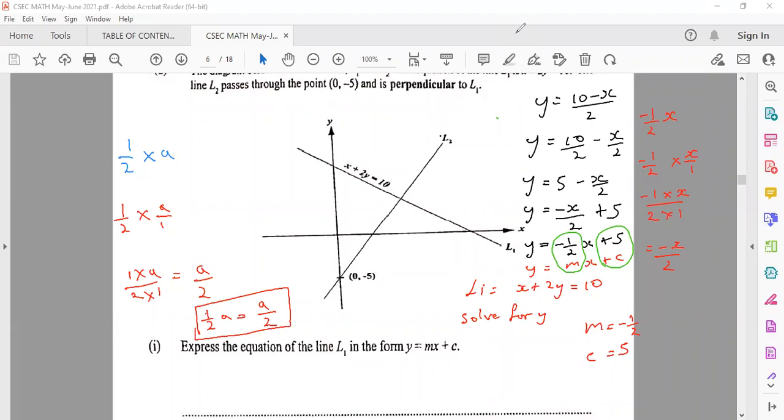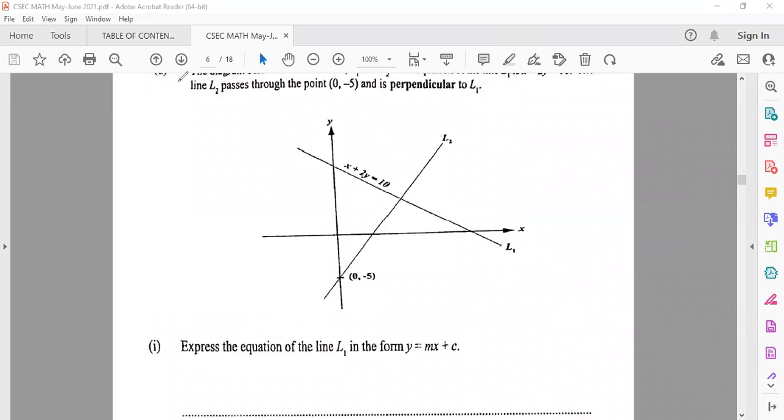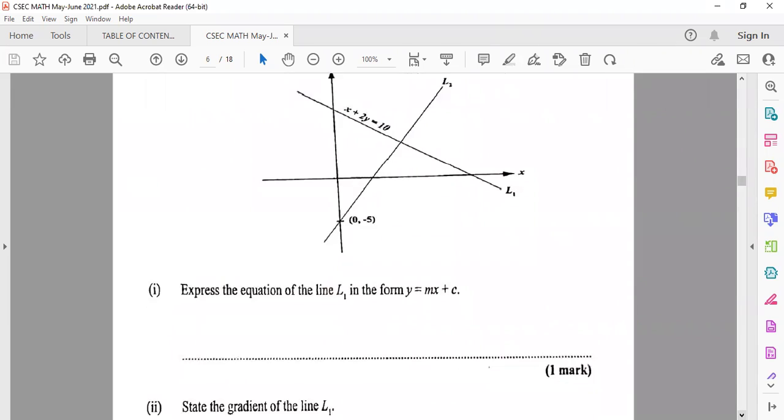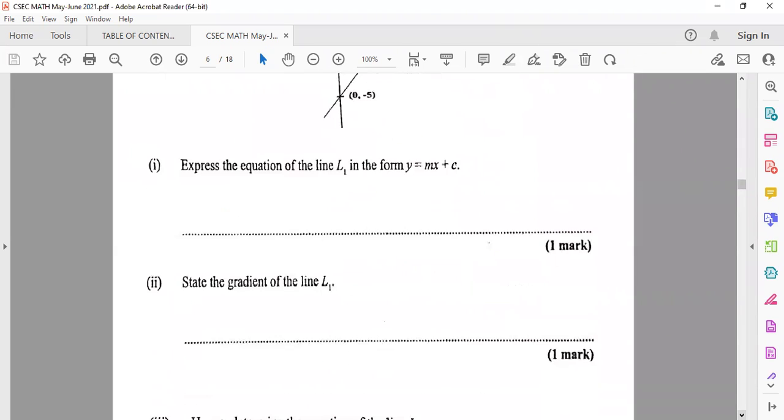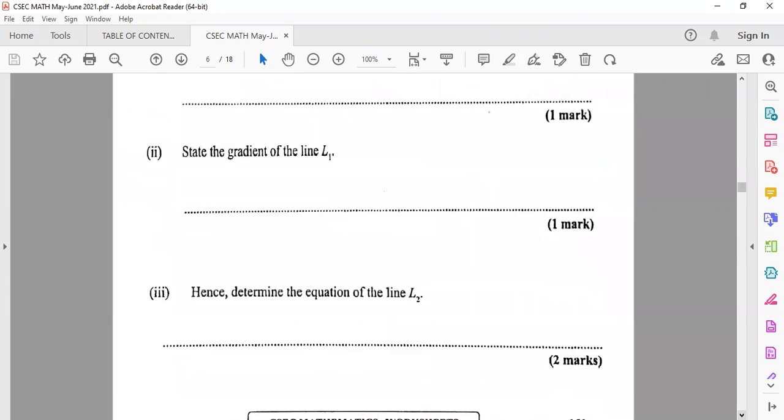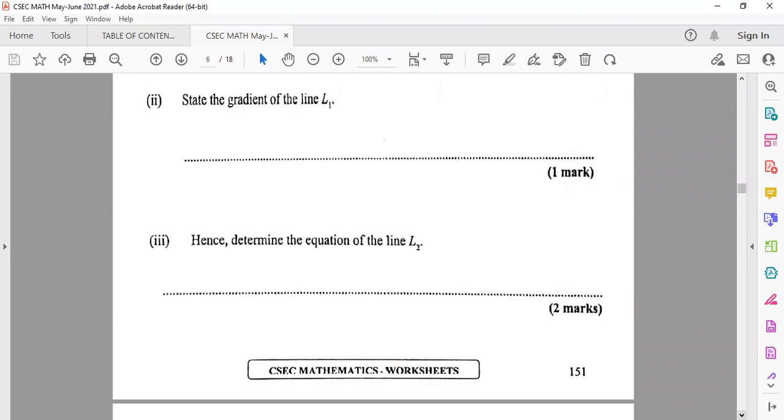Let's clear this and move on to the last question for tonight. It says state the gradient. Nope, that's too easy. Moving on. Hence determine the equation of line L2.